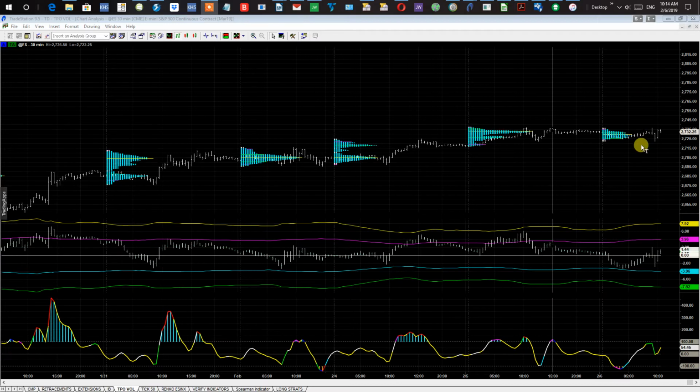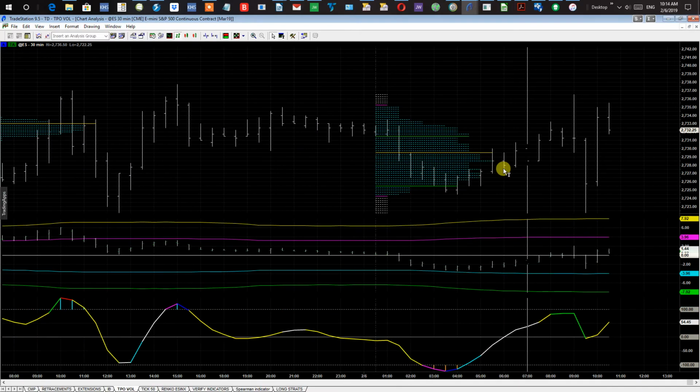So now, the first thing that we took a look at this morning was the TPO, and this is how I typically go about looking at the TPO.